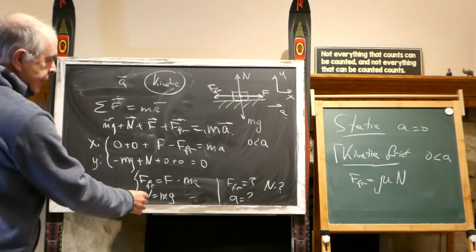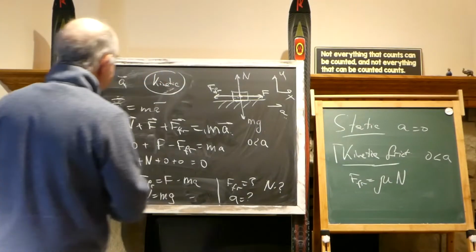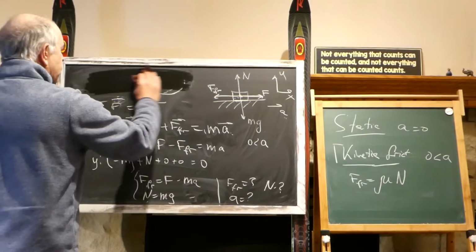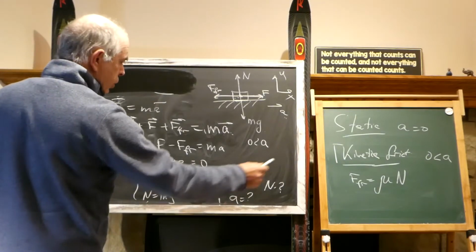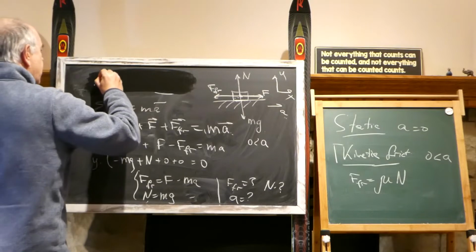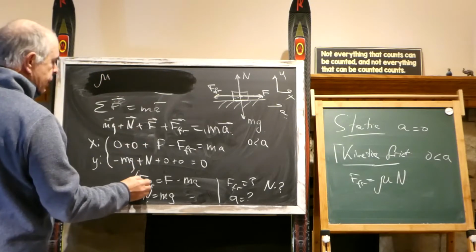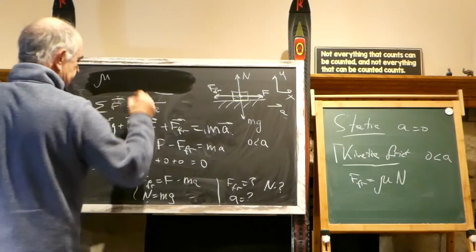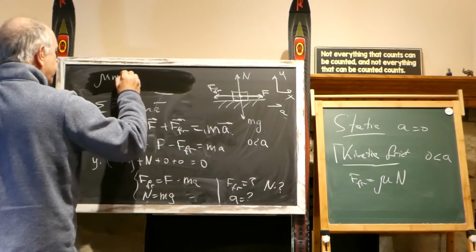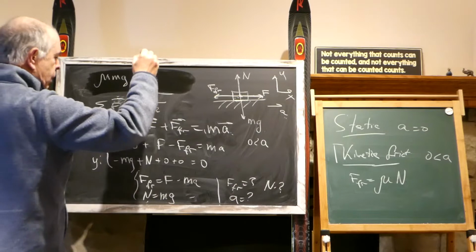So if this is the case, I can wipe it out, and I have n equal mg, and F friction equal mu n. So instead of F friction I put mu n, and instead of n I put mg, right?